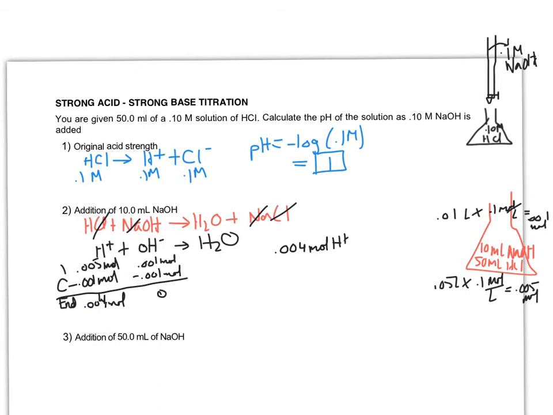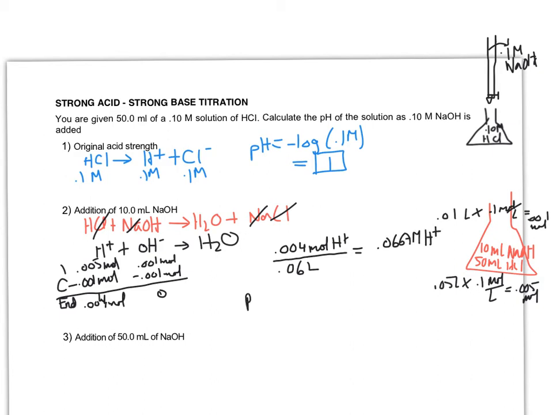If it's HCl, same thing as H plus, 1-to-1 ratio. My total volume, I've added 10 milliliters of NaOH and 50 milliliters of acid, so that's a total of 60 milliliters. So that's 0.06 liters. And so my concentration is 0.0667 molar of H plus.